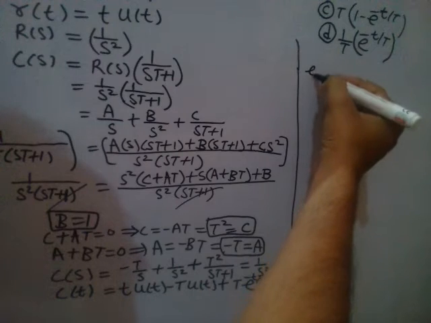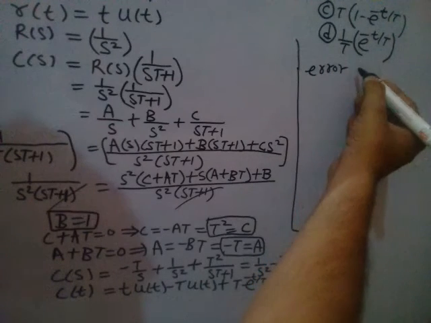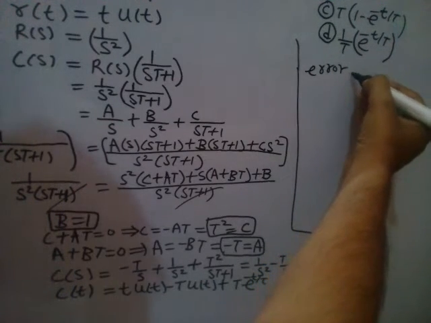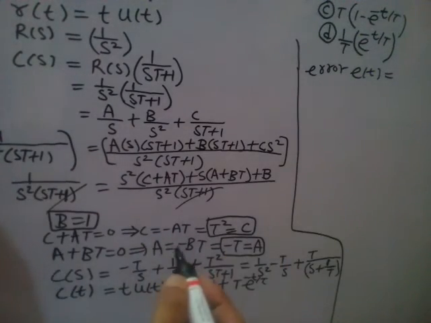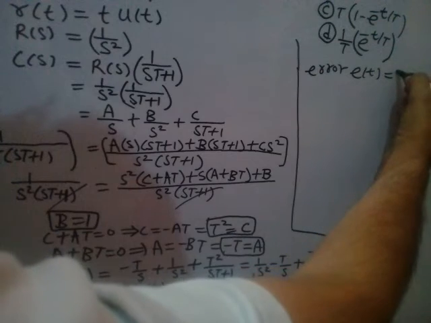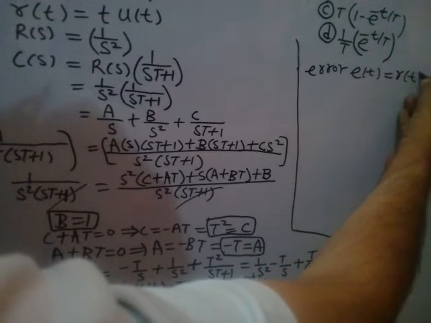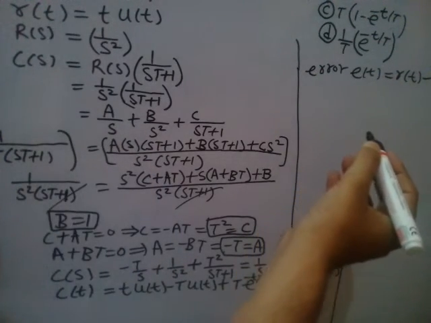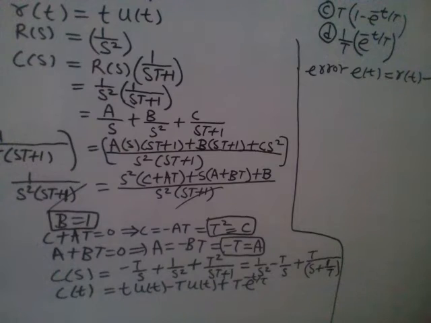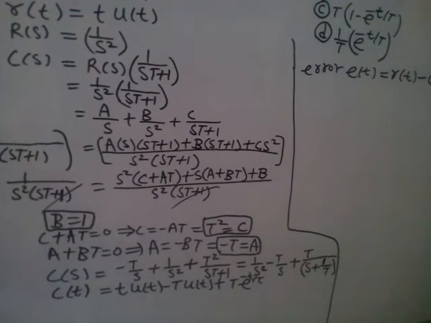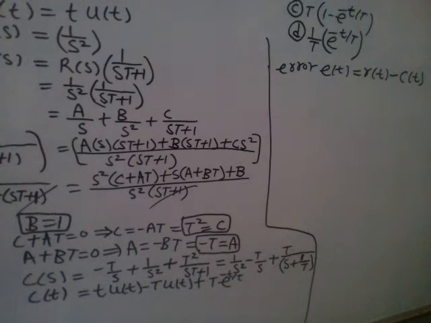The error signal that you have to calculate will be e(t) is equal to the reference input signal r(t) in time domain minus the controlled output c(t) in time domain, r(t) minus c(t), right? So now put the values.